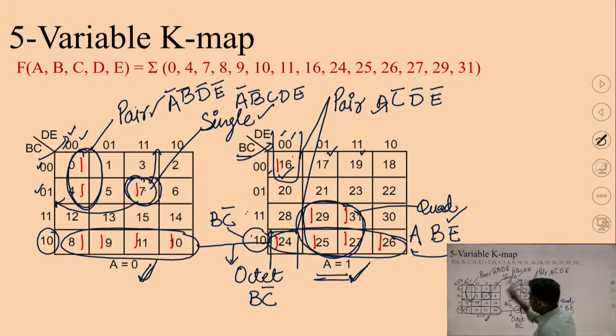So for all these groups we have right answers, and finally the final answer will be the sum of all these answers.